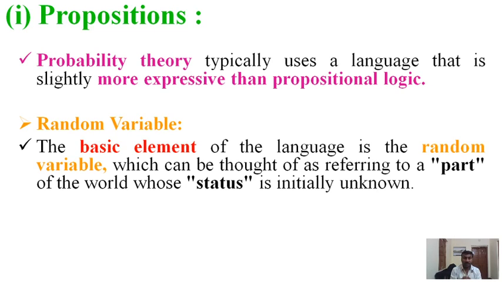So the random variable is some part of the world, but its status is initially unknown. What the value of that random variable is initially is unknown.